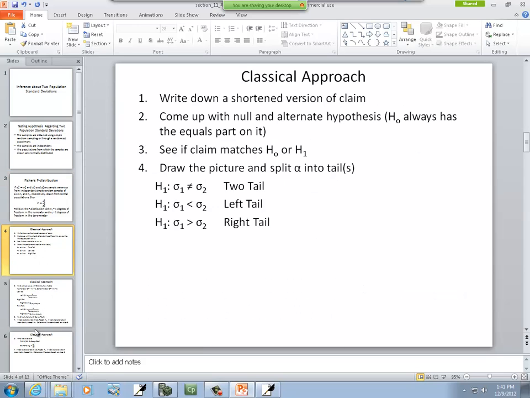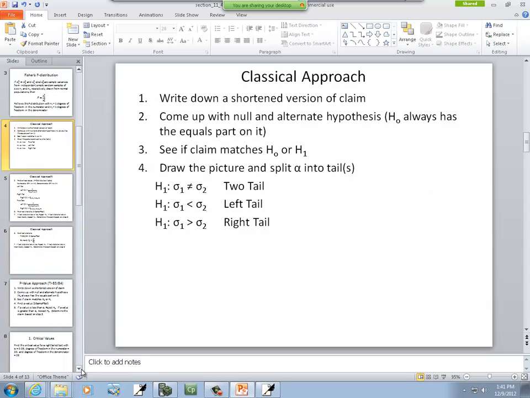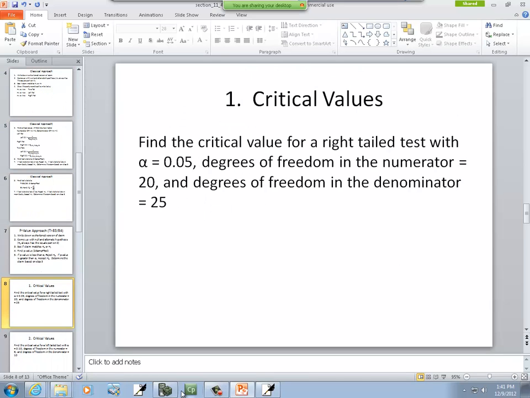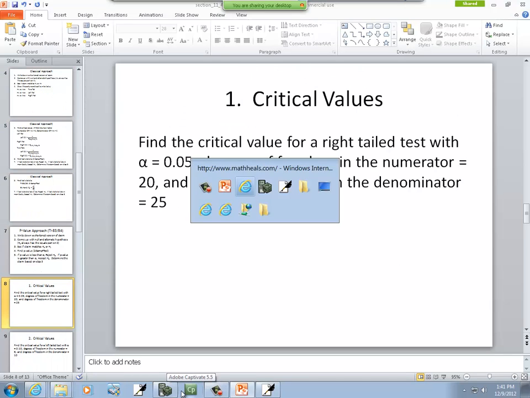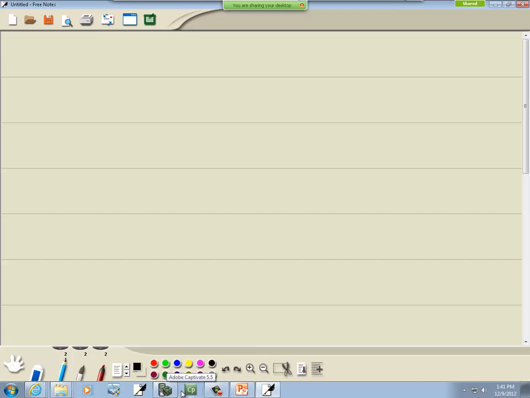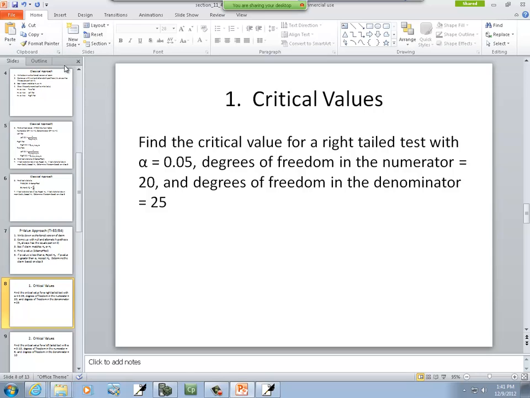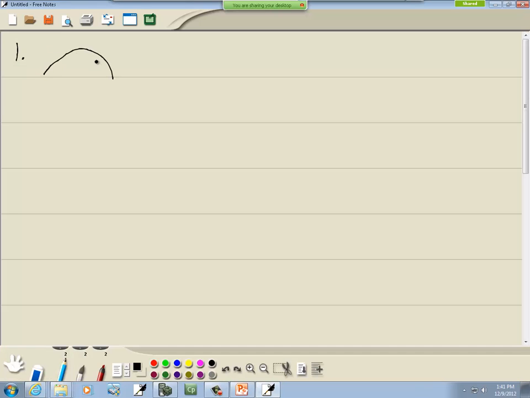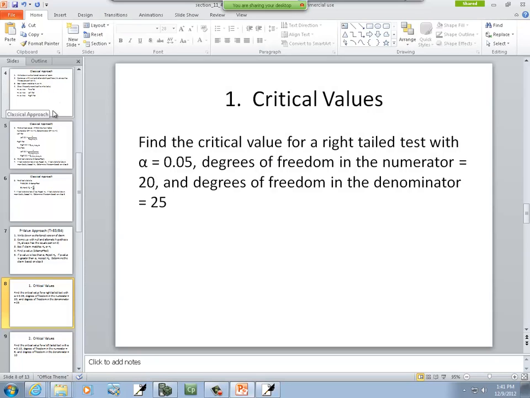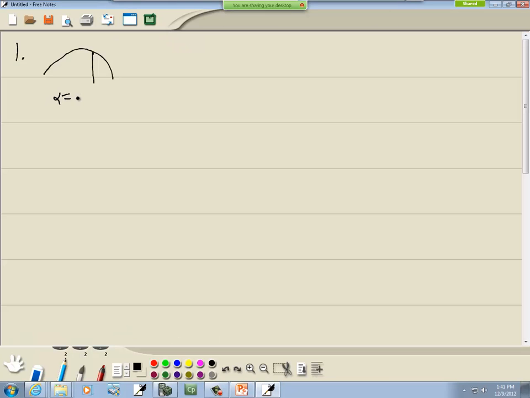We'll come back to these steps. So let's skip down to our first problem. It says, find a critical value for a right-tailed test. Not that I need the picture, but let me just draw it to really emphasize the right tail. Alpha is 0.05.